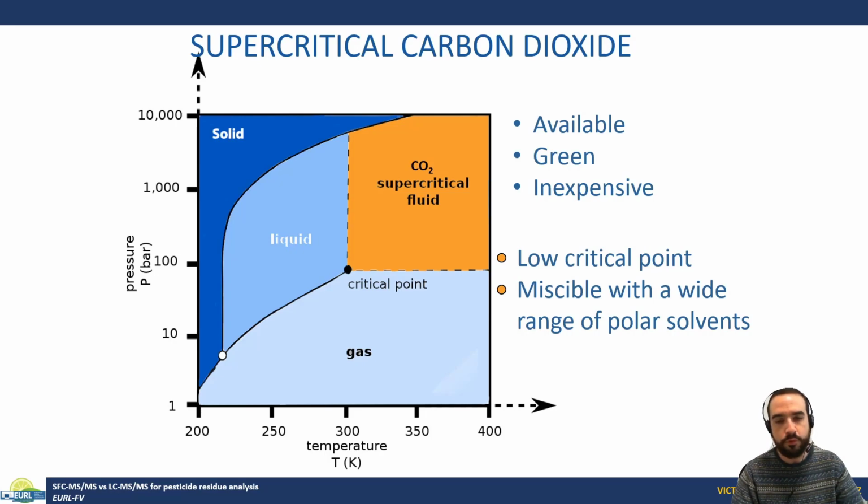When CO2 is put through specific conditions of temperature and pressure, it acquires a new density. Therefore, supercritical CO2 can act as a solvent, providing different separation than usual liquid chromatography. Also, it has the capability to mix with a wide range of liquid organic solvents, methanol being the most common one.